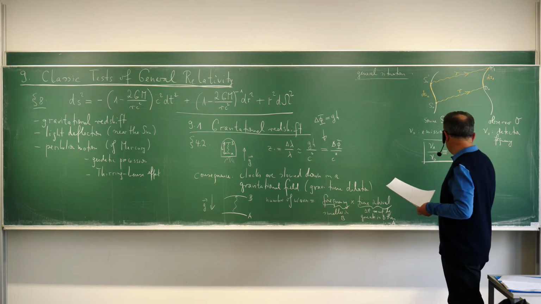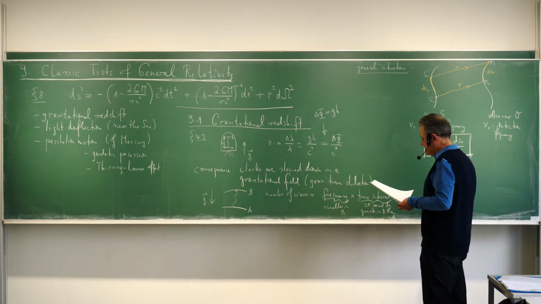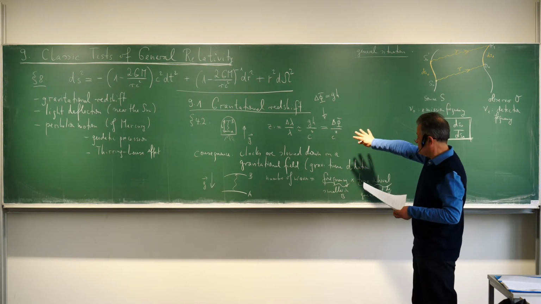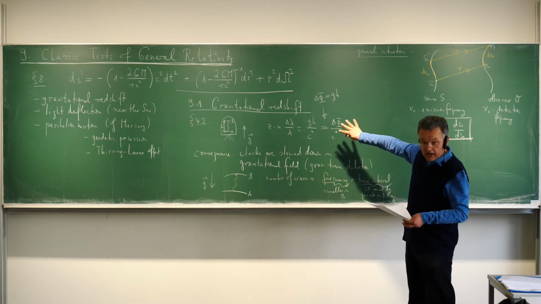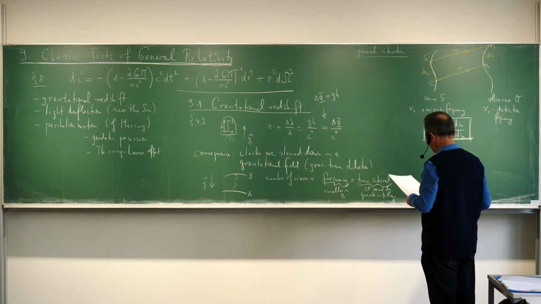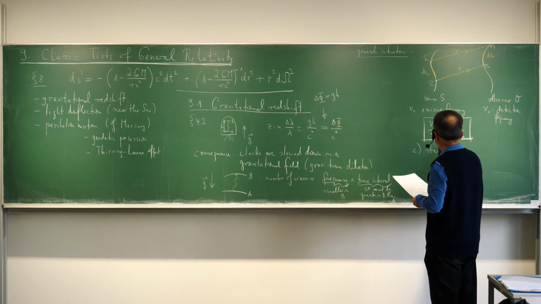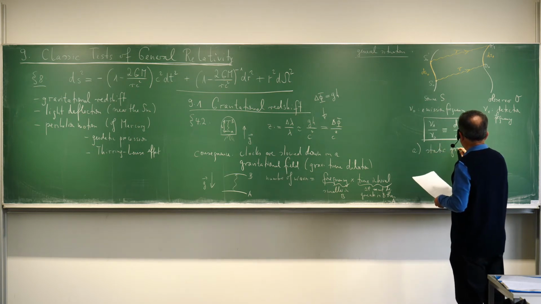Now let us first go to the static system and see how we can derive this heuristic formula from earlier, and then we go back to the general situation. So we have then the static gravitational field.